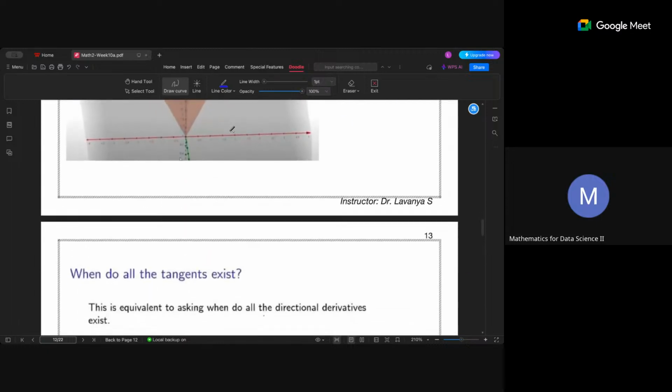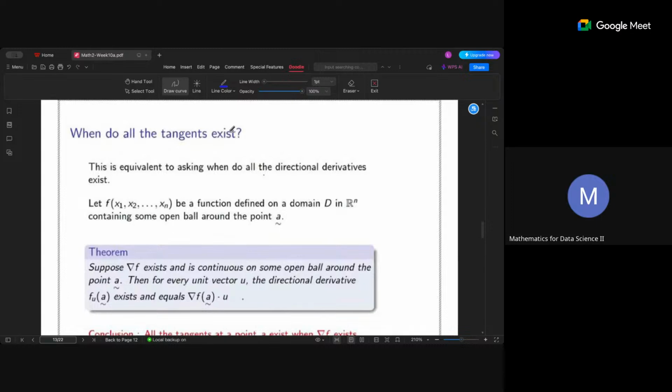Then what is a condition which guarantees the existence of a tangent? If you have a function from D to R, where D is in Rn, and a point a in this domain, then you first need the gradient to exist and be continuous. Then for every unit vector u, the directional derivative exists.